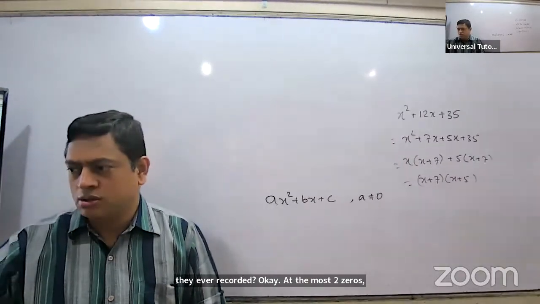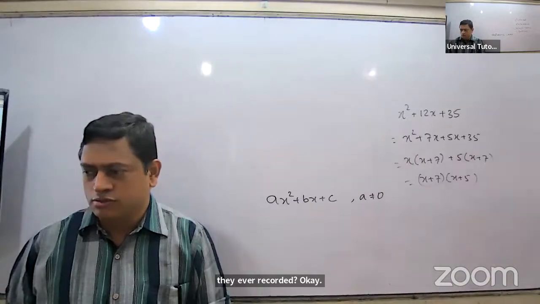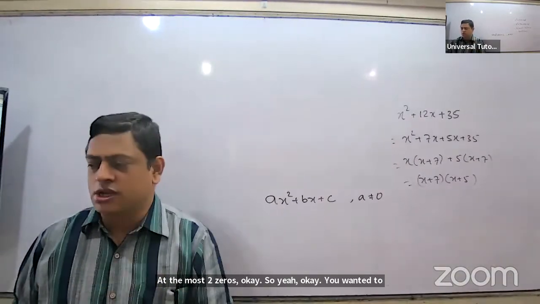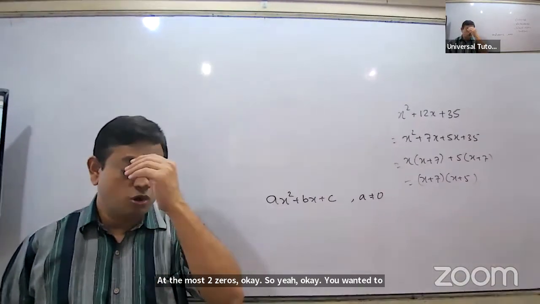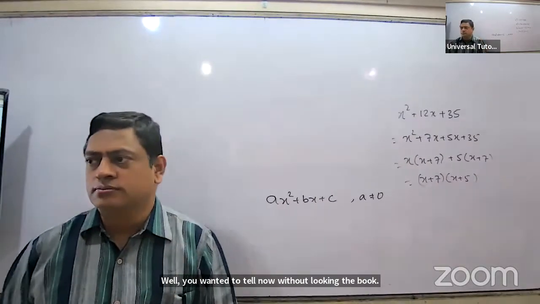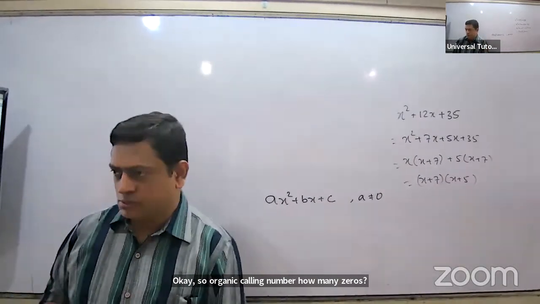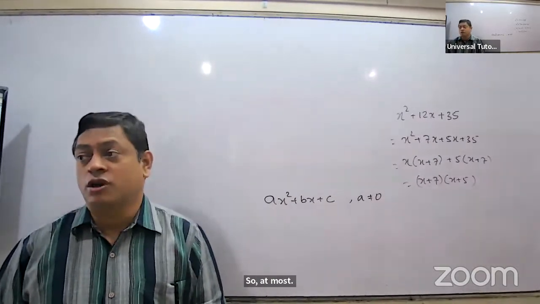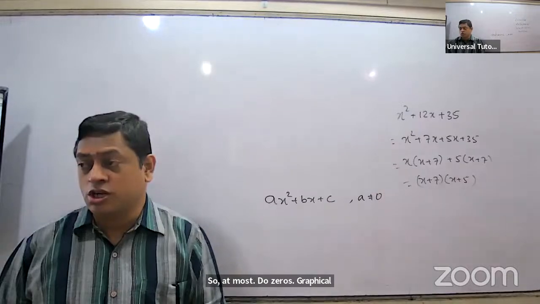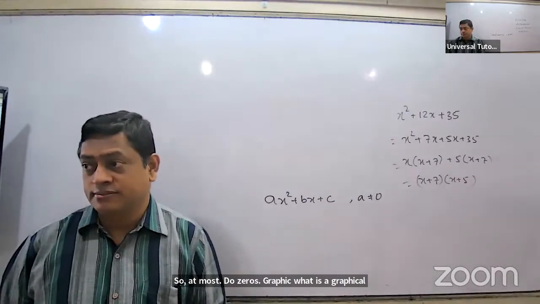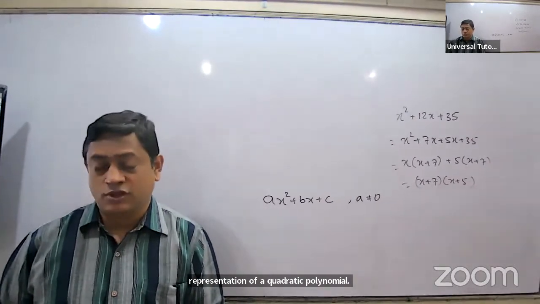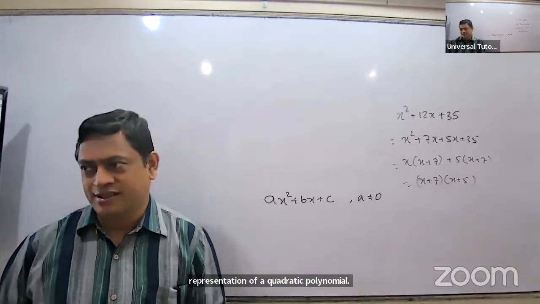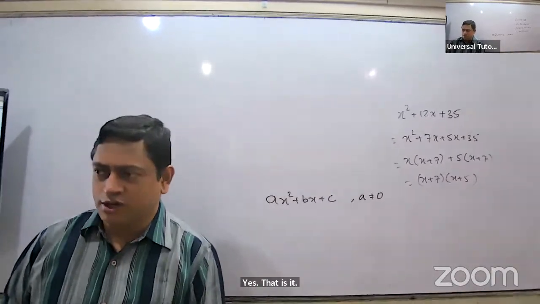Without looking at the book, you will tell the answer. Stand up. So quadratic polynomial, how many zeros? Sir, at most 2 zeros. What is the graphical representation of a quadratic polynomial? So that means you are reading from the book.